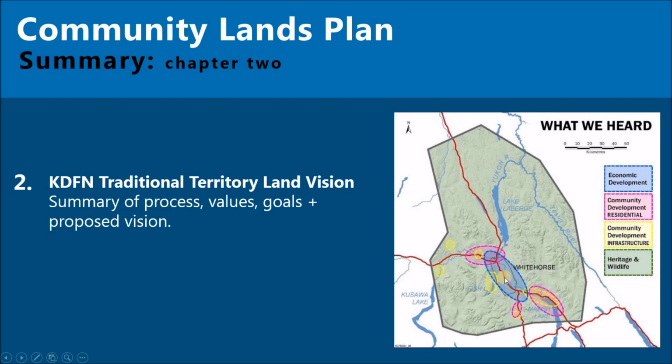And that's not, again, to say that values such as wildlife and heritage are not important within the city. They're important, but the primary role of Kwalndun's lands within the city is to make money and generate revenue for the future prosperity of the First Nation.